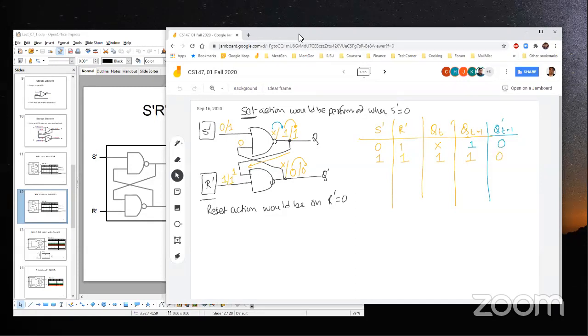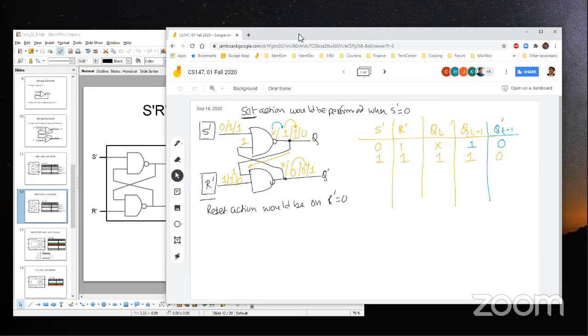Now you make this guy 0 and this guy 1. Sorry, the other way. Make this guy 1 and this guy 0. So this will change the QBar to 1. That means this one will become 1 and this one becomes 0.